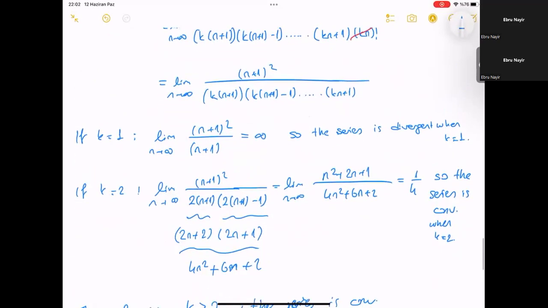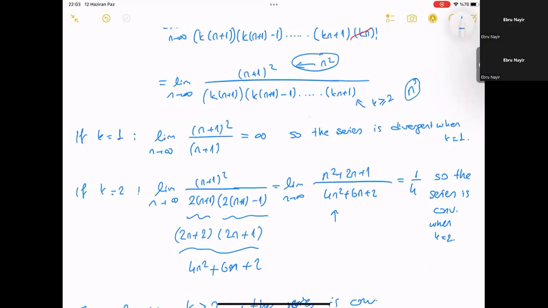Because in the numerator you will have only n squared, right? But when you take any value of k greater than or equal to 2, you will have some power of n. It may be n squared, as in this case, but if, for example, k equals 3, you will have, I guess, n cubed or something. So the power of n in the denominator will be greater than the numerator. So the limit will be equal to 0.